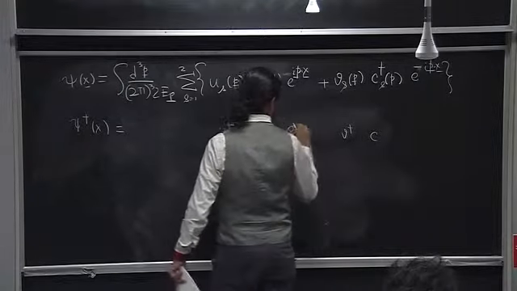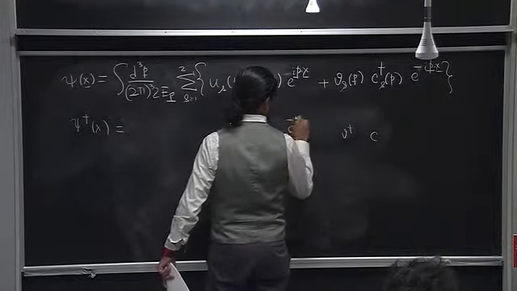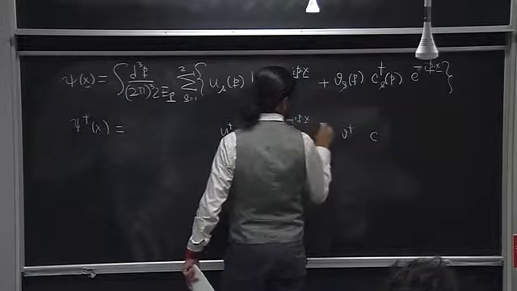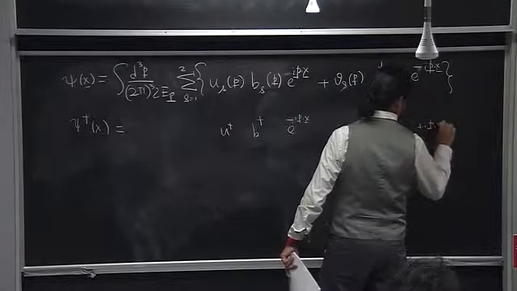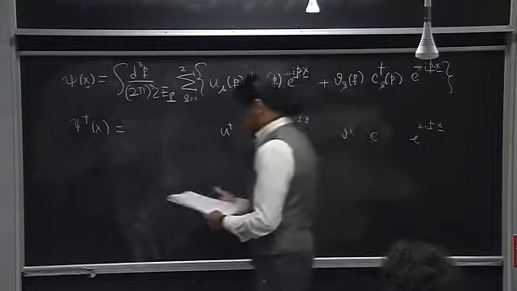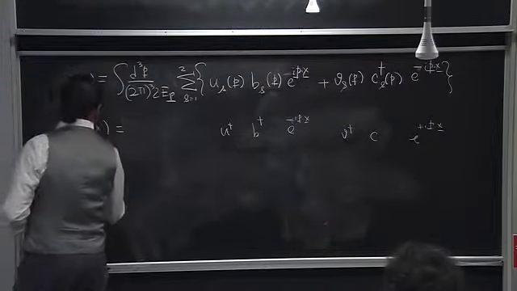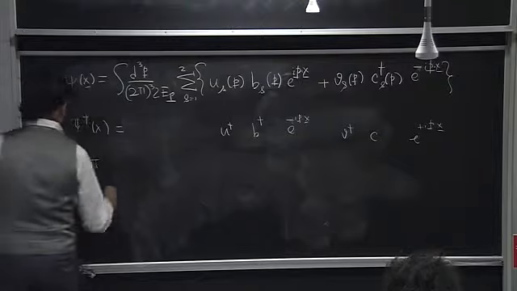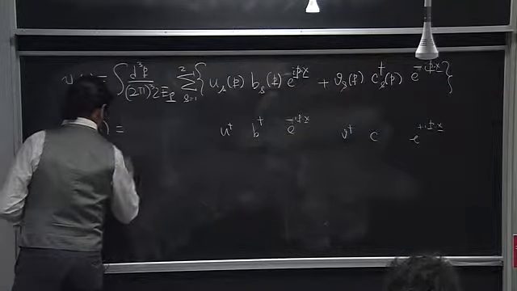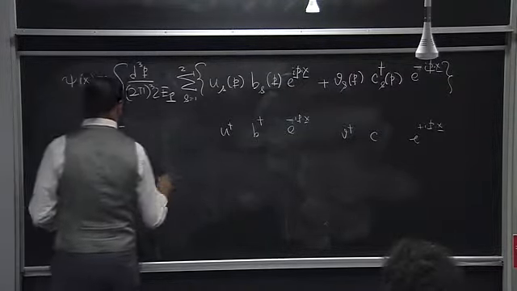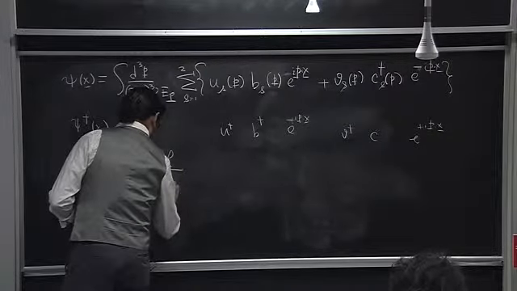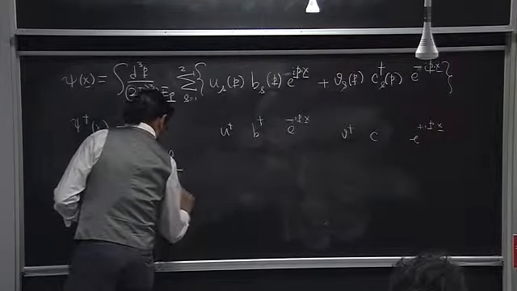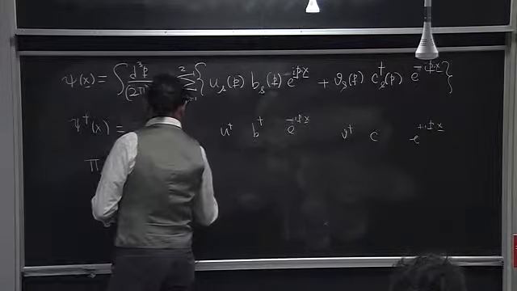And here you will have minus i p dot x, plus i p dot x. So our conjugate momentum we can then compute.